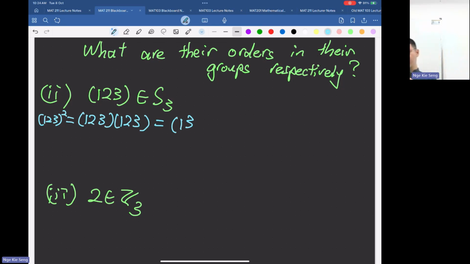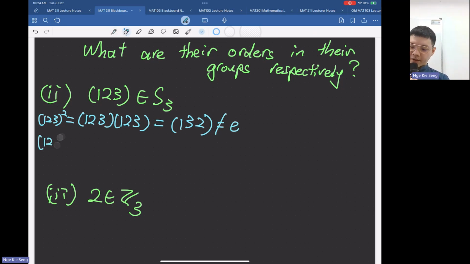Start again from the right: 3 to 1, and then 1 to 2. And then 2 to 3, start again, 2 to 3, 3 to 1. So you can close it up. This is power 2. Is this an identity or not? Not yet.